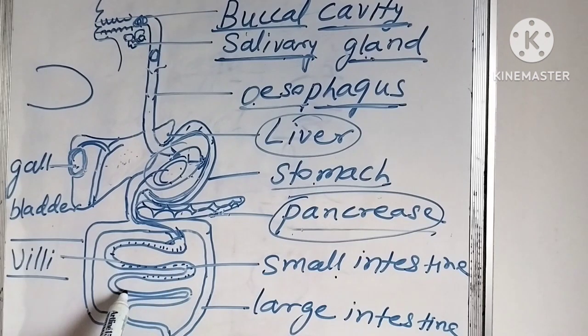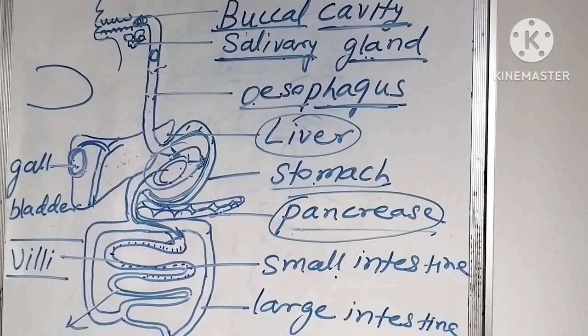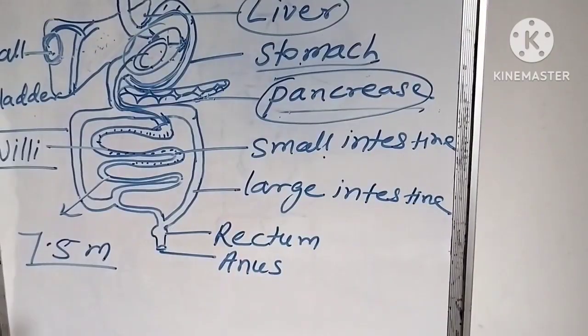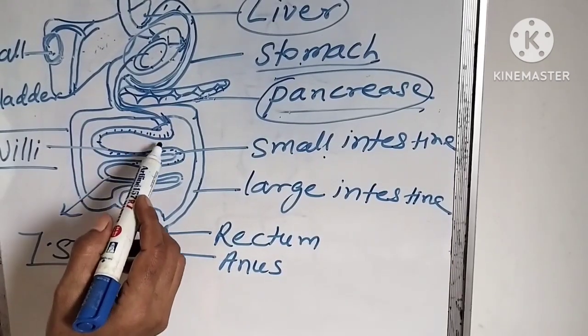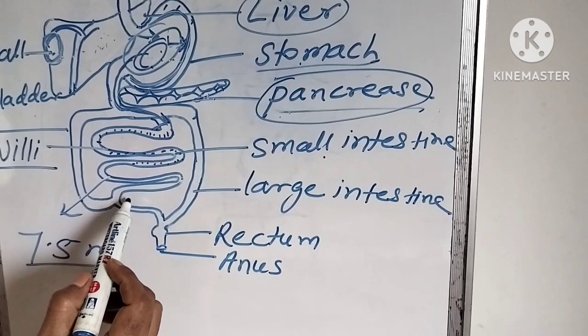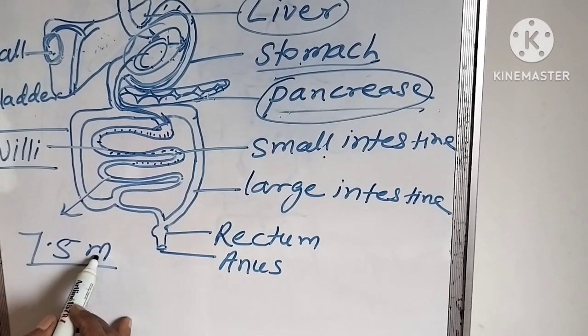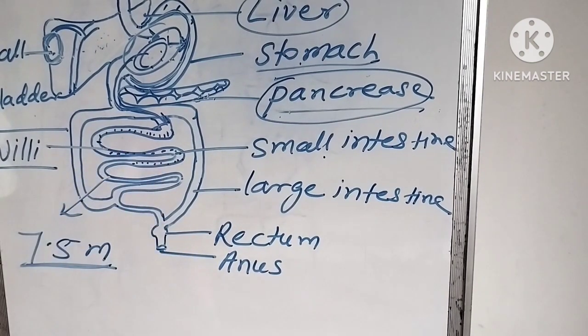And this small intestine is a coil-like structure. It is about 7.5 meters long, and it is coiled like a tube inside the abdomen.